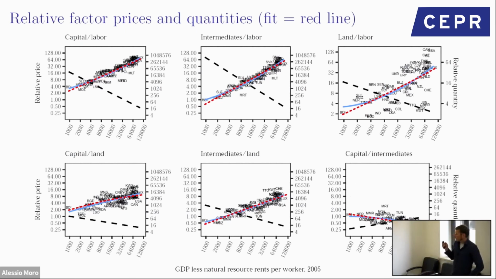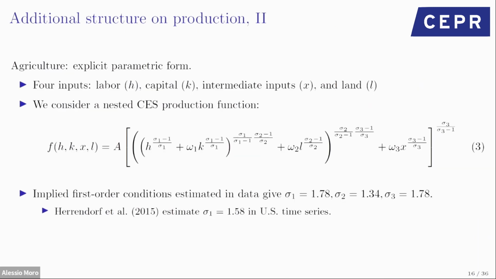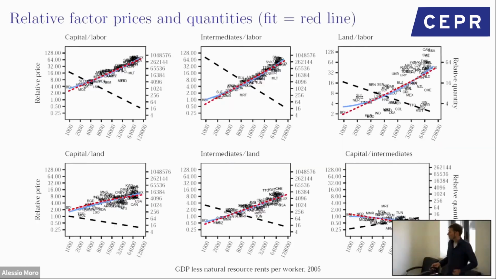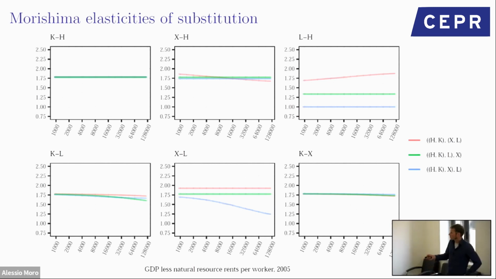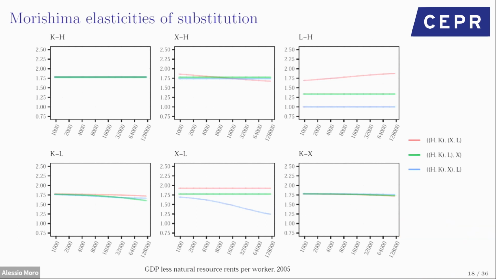Good. For the other elasticities with a nested CES, it's a little bit non-trivial because they are non-constant, of course. So what we then do is we try out different nests and just compare what we get in terms of Morishima elasticity of substitution for pairwise factor pairs. And the striking pattern that we find is that no matter how you nest things, those elasticities are disciplined by this exercise quite tightly.